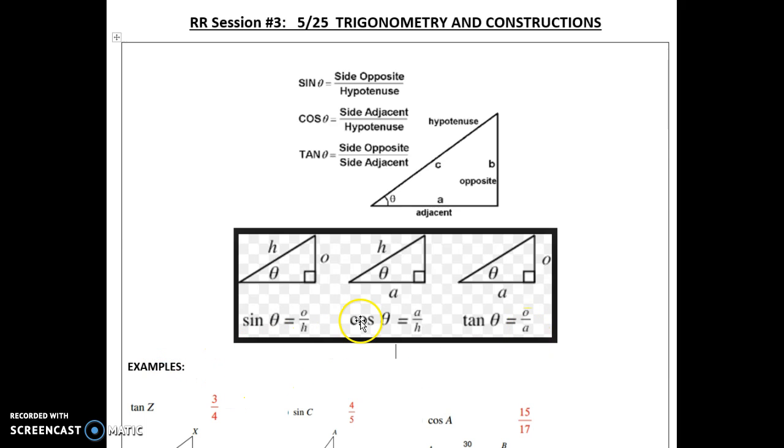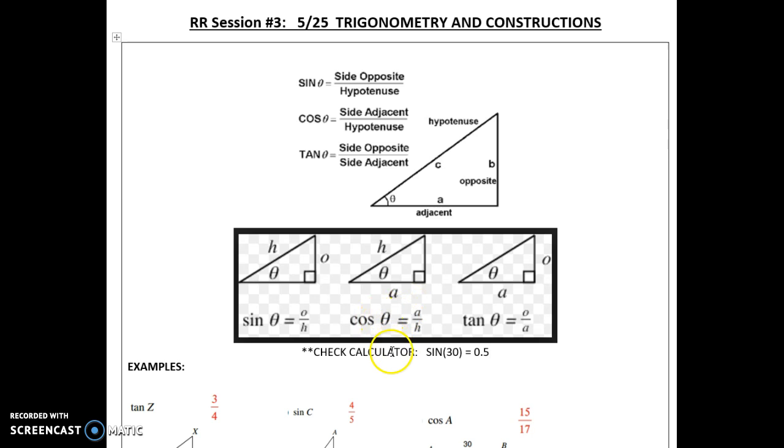The other thing that you want to remember and take note of is to check your calculator to make sure that it's in the right mode. You want to make sure that your calculator is in degree mode. Remember to do that. You hit sine of 30, and sine of 30 should be what? That's right, 0.5.